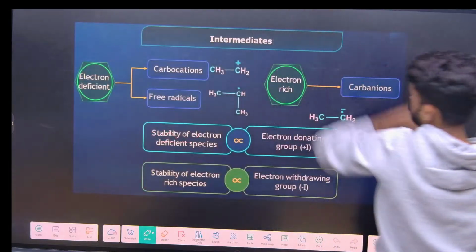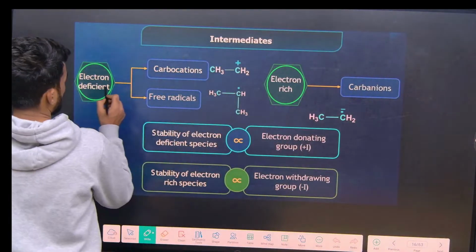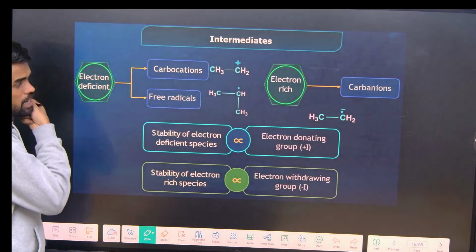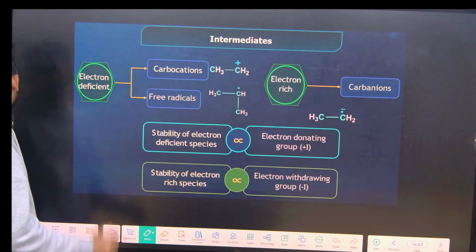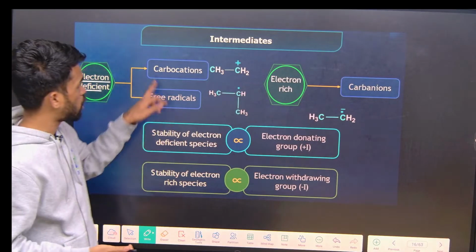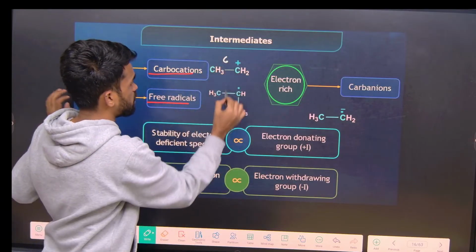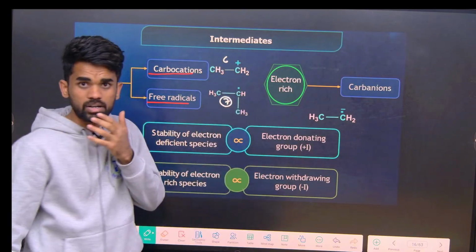Okay, right. Next one, what is the use? Again, carbocation stability, carbanion stability, free radical stability can also be explained. Carbocations and free radicals are having only 6 and 7 electrons. It means both of them are electron deficient.